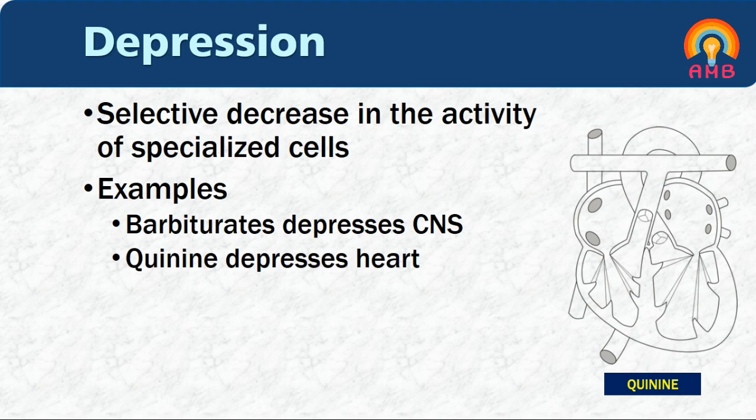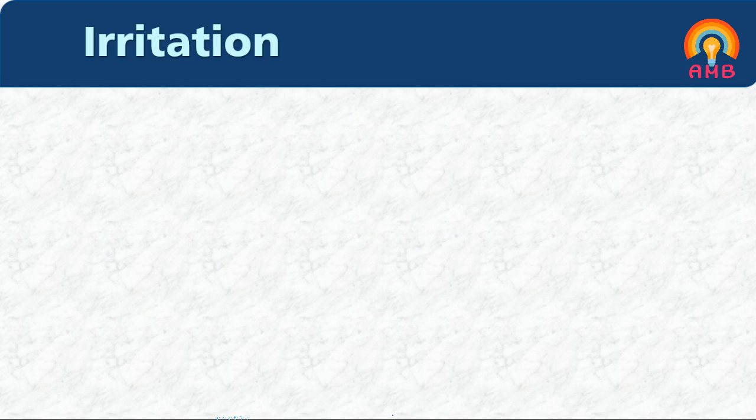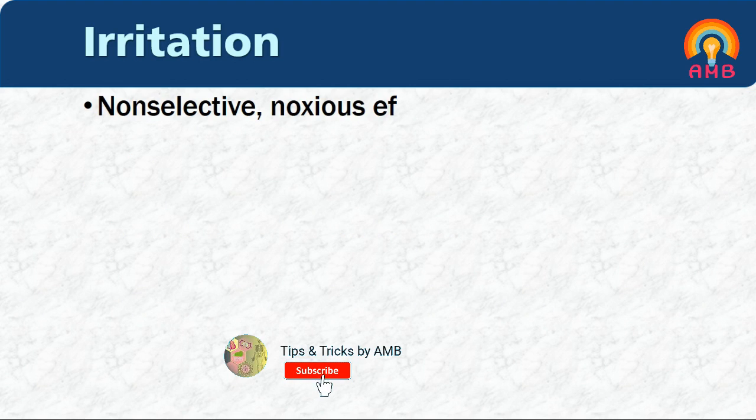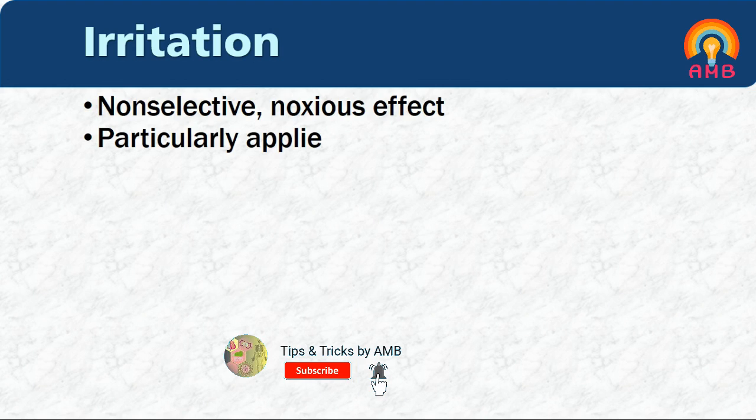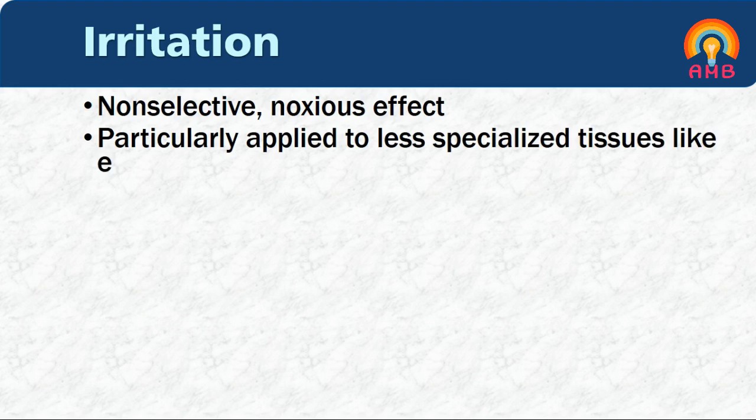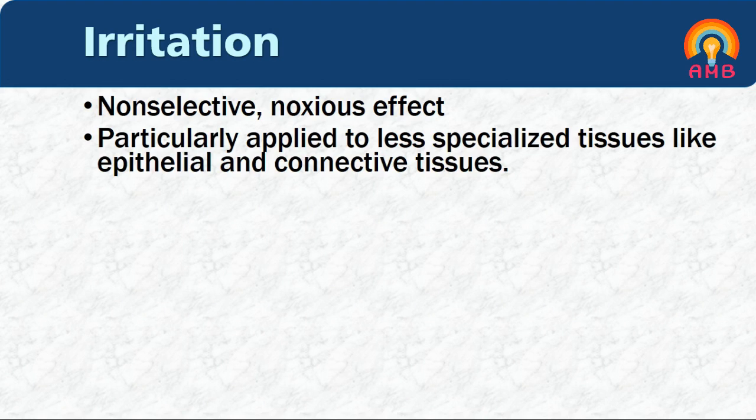Next principal drug action is irritation. So what is irritation? It is a non-selective, noxious, unwanted effect and is particularly applied to less specialized cells like epithelial cells and connective tissue.